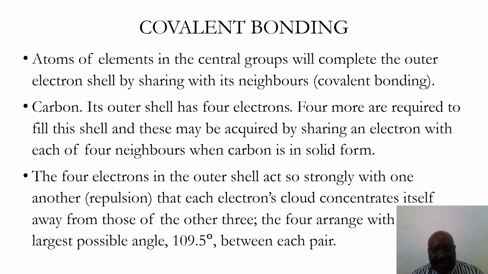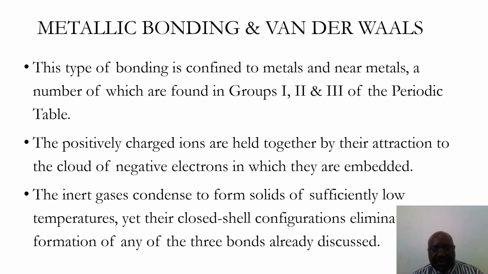The 4 arrange themselves with the largest possible angle, which is the angle we earlier saw with the tetrahedral structure. If it is a tetrahedral structure, then the bond angles are 109.5 degrees between each pair of bonding electrons.